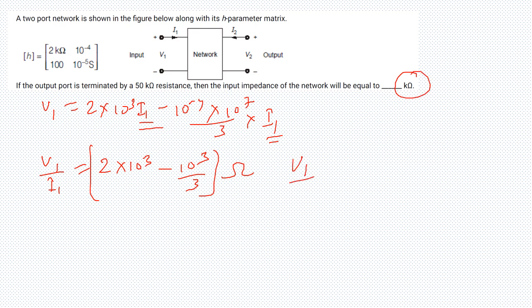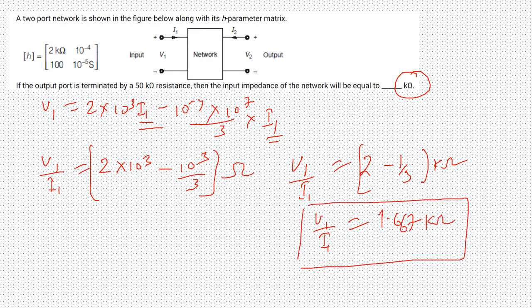So V1 by I1 is equal to 2 minus 1 by 3 kilo ohms, which is 1.667 kilo ohms. So this is what my V1 by I1 is going to be. The answer is 1.667 kilo ohms. This is how you can proceed for these kinds of problems. Thanks for watching.